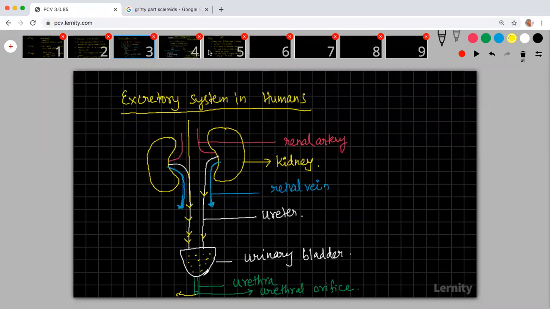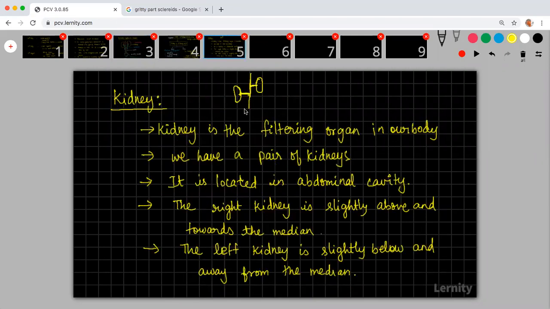Okay, so this is the meaning of it. Kidney is the filtering organ. It filters what? It filters blood and removes what?